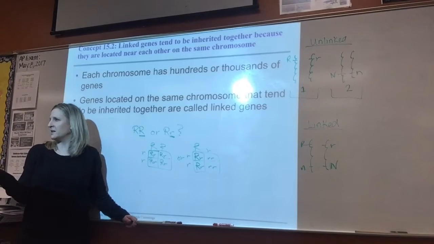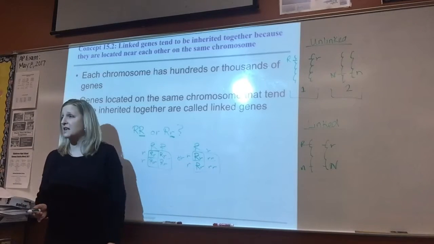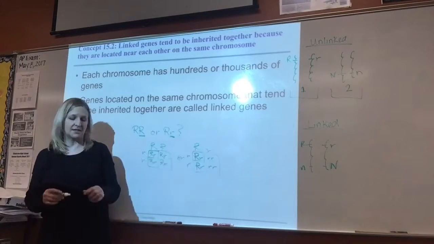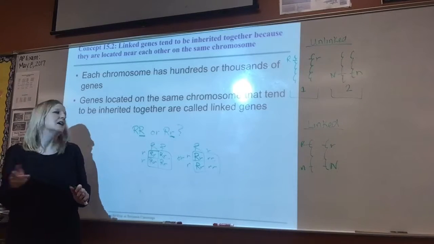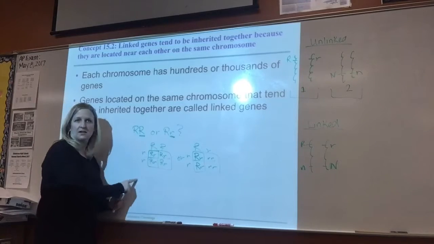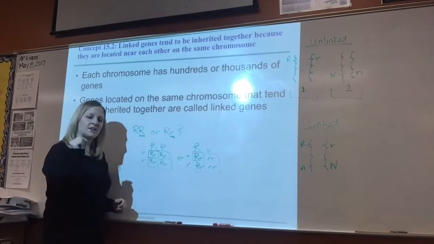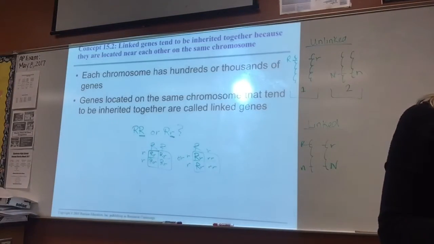It doesn't necessarily mean you're going to get exactly 50-50, but if you get any recessives at all, that tells you what the second gene is. And so therefore, a test cross is crossing a dominant individual with a homozygous recessive individual. All right? And so that's what you're going to need to do for that. So I'm going to have you do this first side with unlinked genes right now.